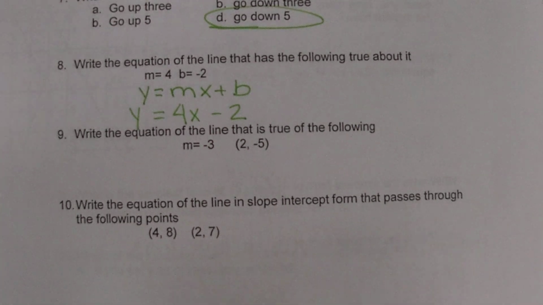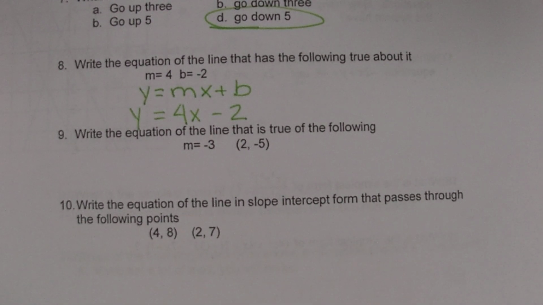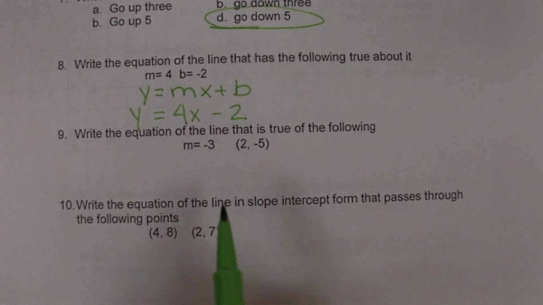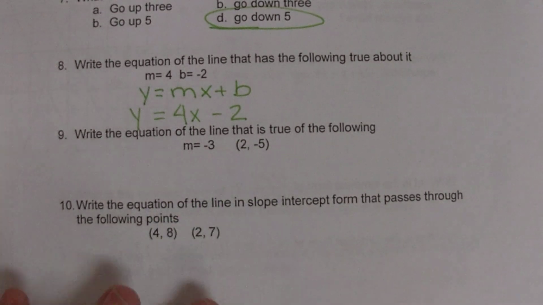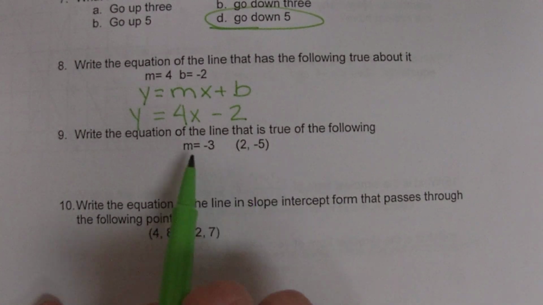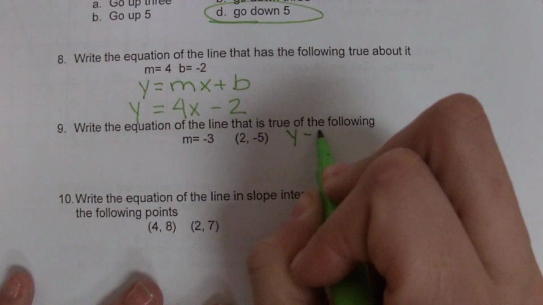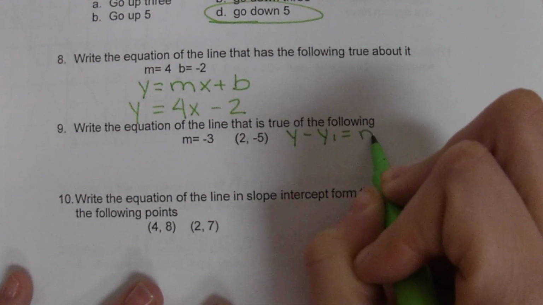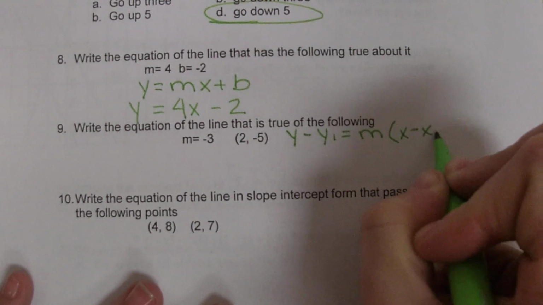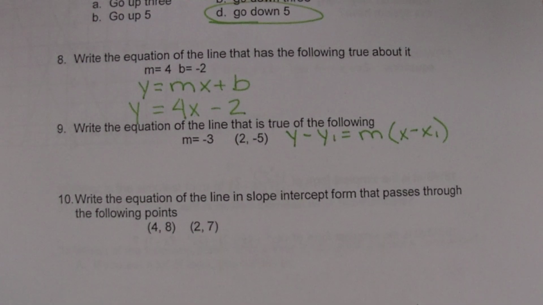Number 9 asks us to write the equation of the line that will pass through this point and have this slope. So we're given a point and a slope, which means we want to plug into point slope form. Right, you can get that on the photocopied side of your reference sheet.